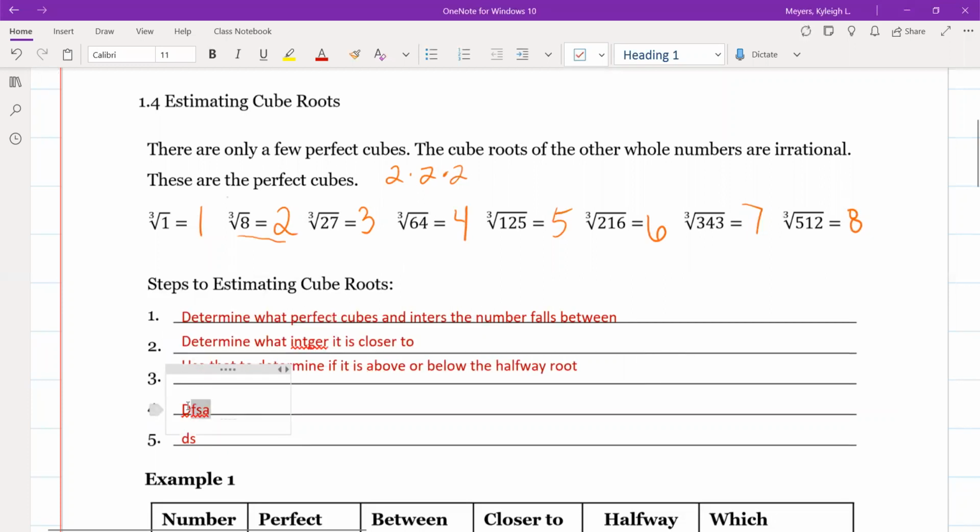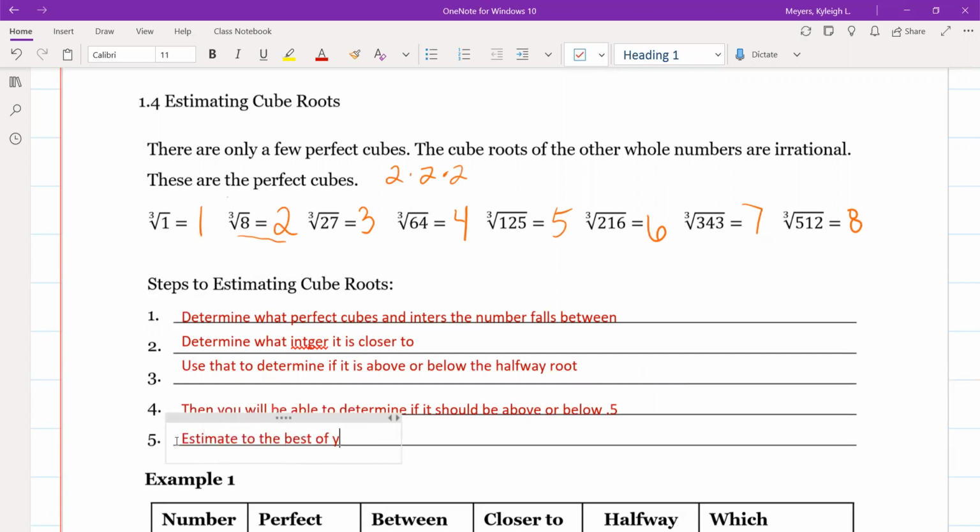Okay, and then you will be able to determine if it should be above or below that 0.5 point, so like 9.5 or 6.5 or whatever it is. And then estimate to the best of your ability.